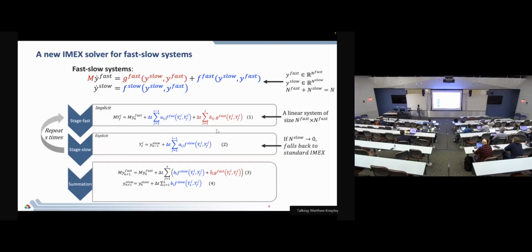Normally we want the fast component to be represented by a linear part. So we have a matrix L plus G fast plus this F fast.